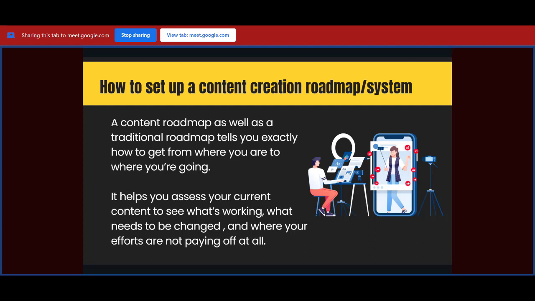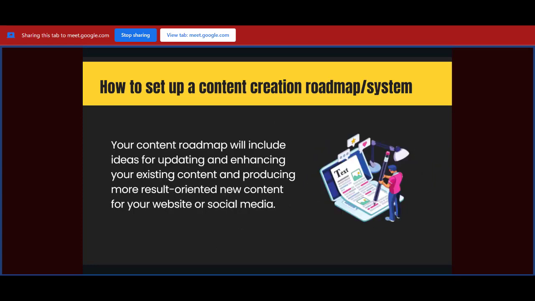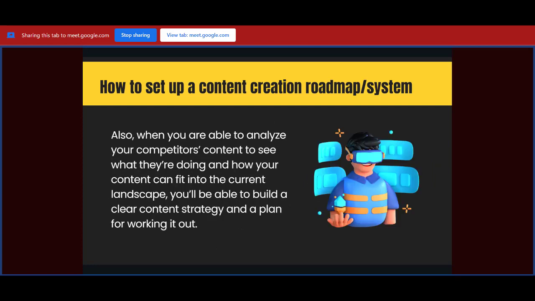From what you can see on the slide, like a traditional roadmap, it tells you exactly how you get to where you want to go from where you are. It helps you assess your current content to see what's working, what needs to be changed, and where your efforts are not paying off at all. Another thing it does is, sorry, I'm going a bit fast.